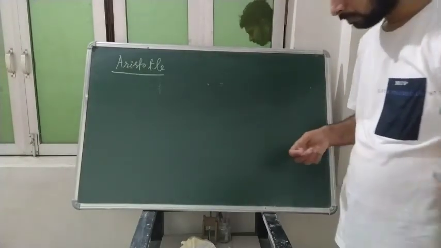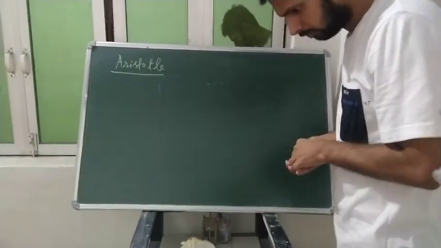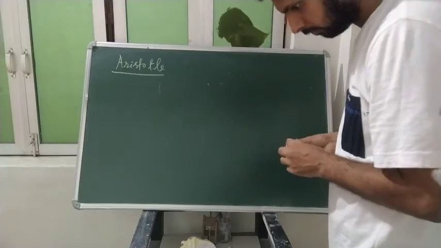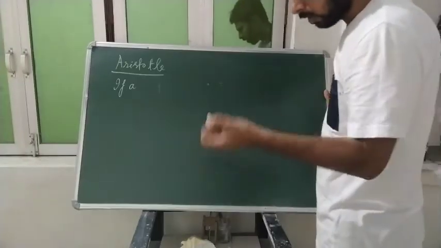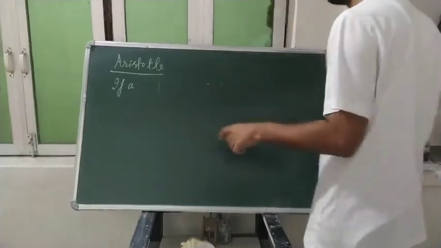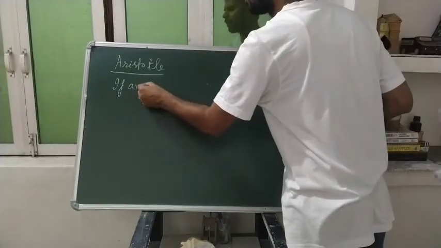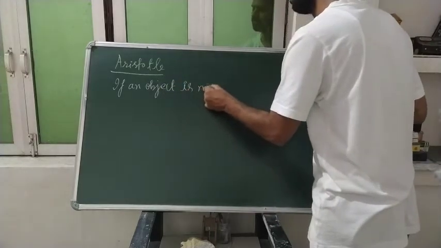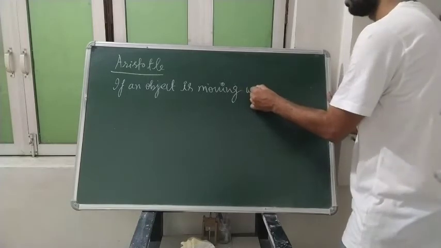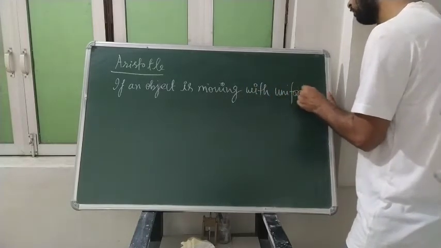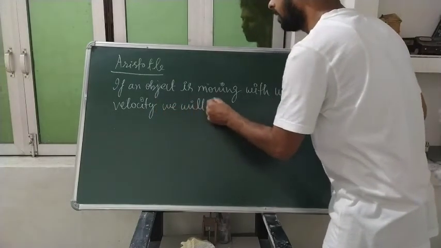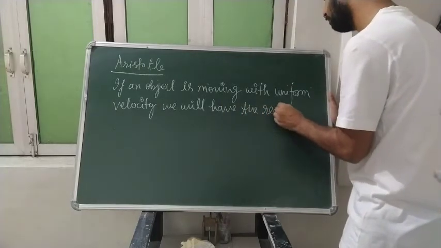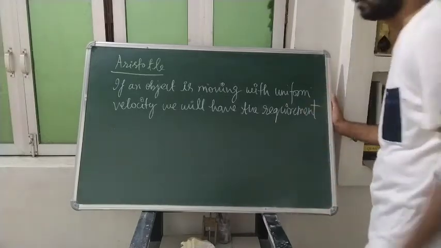What did Aristotle tell? If a body, or we can also say an object that we will consider as our particle, is moving with uniform velocity, we will have the requirement of force.